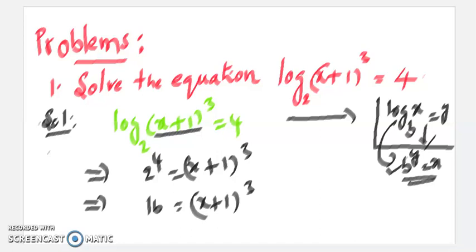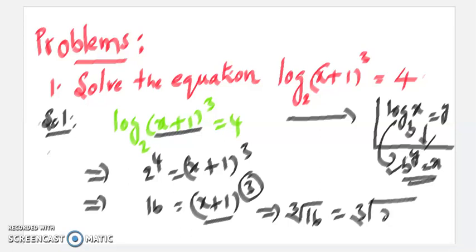Now to eliminate the power of this function, we apply cube root on both sides. So cube root of 16 is equal to cube root of (x plus 1) whole cube, and here the cube is cancelled.